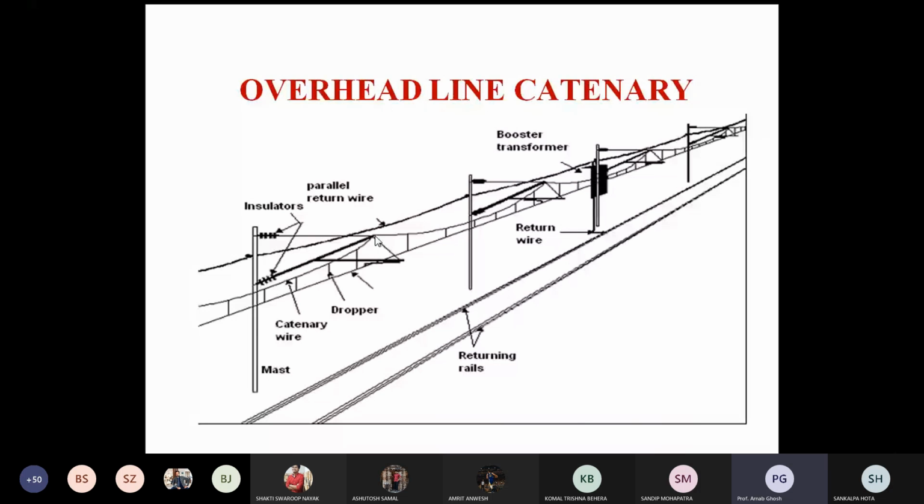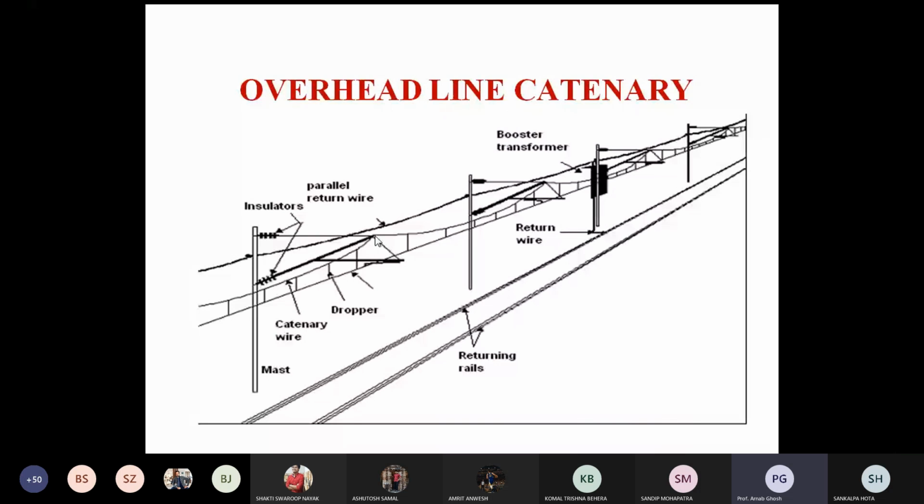On the rating plate of the substation, it is mentioned that it is 132 kV slash 25 kV. That means there is a stepping down of voltage. 132 kV means that the feeder is directly coming from a transmission substation. I think all of you are aware of the different gradations of substation: generating substation, transmission substation, then distribution substation.